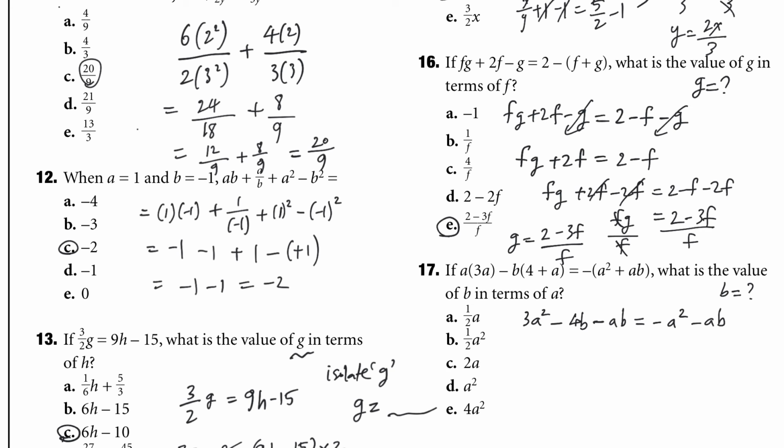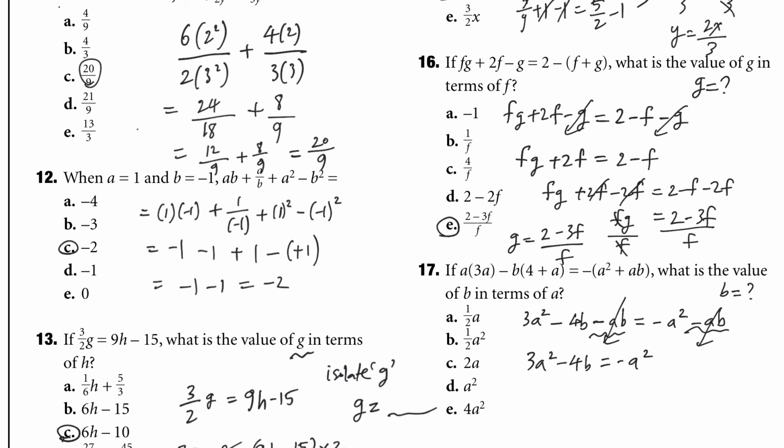So I want to move all the b terms to the left hand side. Well, actually, before I do that, I noticed negative ab on both sides, which means I can immediately just get rid of them. It's like adding plus ab to both sides. In that case, both terms would disappear. So I'm left with 3a squared minus 4b is equal to negative a squared.